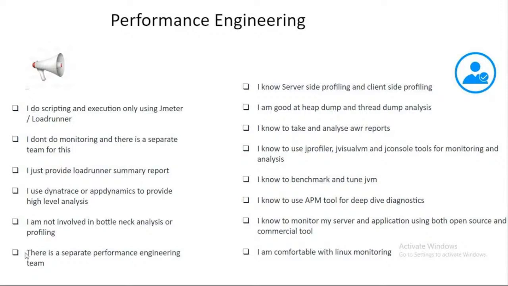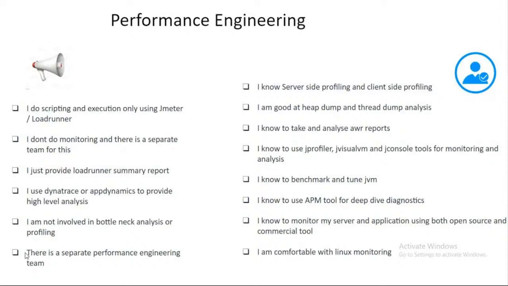And during a test, depending upon the test behavior, depending upon the memory pattern, depending upon the CPU pattern, you would be able to take the heap dump and thread dump, and then analyze the same as well. And you would be able to get the AWR report from your DBAs and analyze it from an application performance perspective.